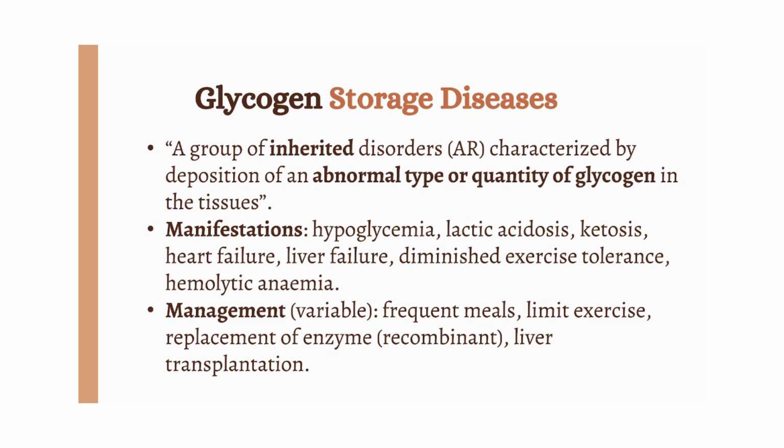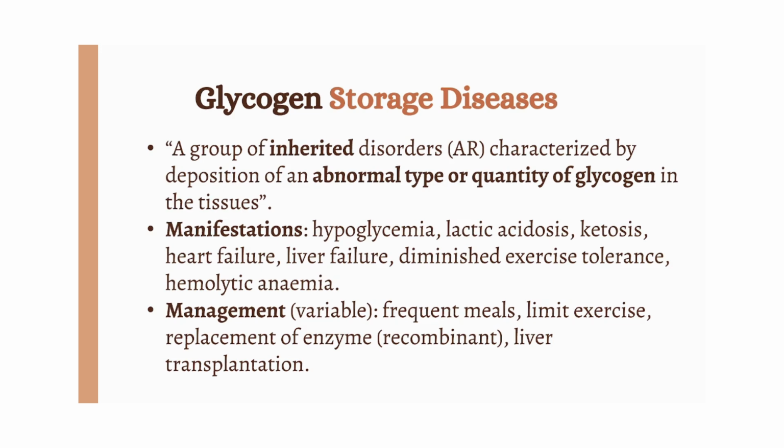So the quantity could be normal but the type is abnormal, or the type is normal but there is a lot more glycogen than the normal stores in the tissue, and this will disrupt the function of the cells. How do glycogen storage diseases manifest?